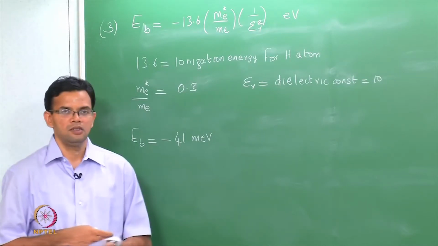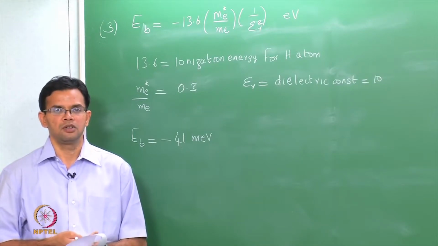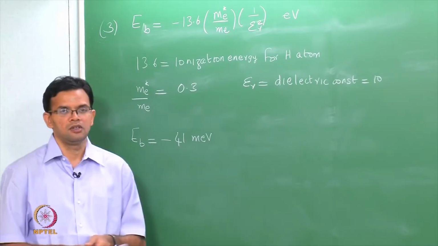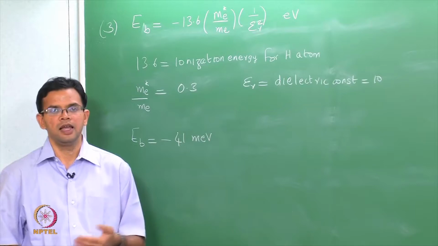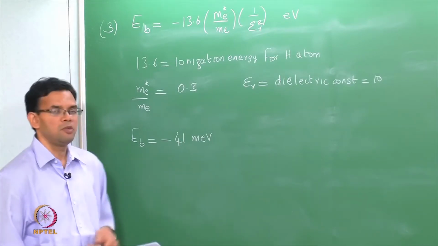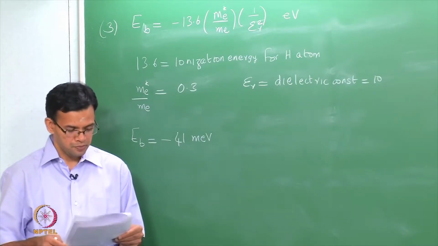For comparison, the thermal energy of an electron at room temperature is 25 milli electron volts. So, at room temperature it is possible to easily ionize the donors and take the electron to the conduction band. In the next problem, in problem 4, we will look at those calculations explicitly.